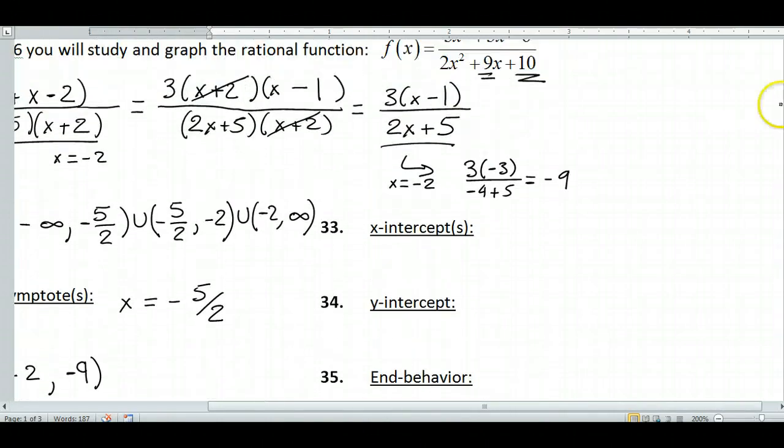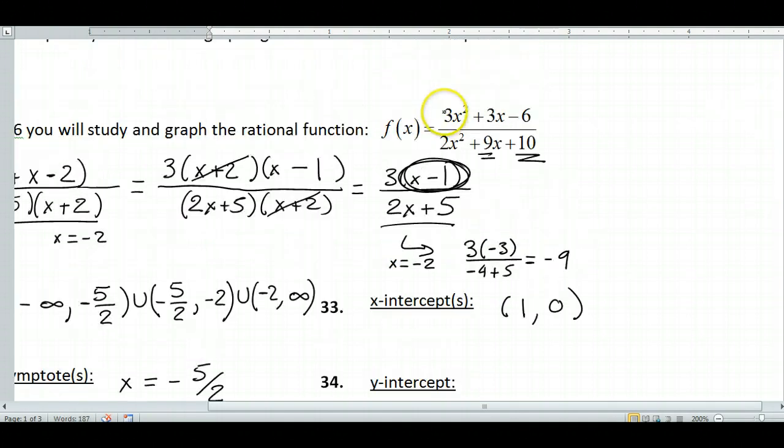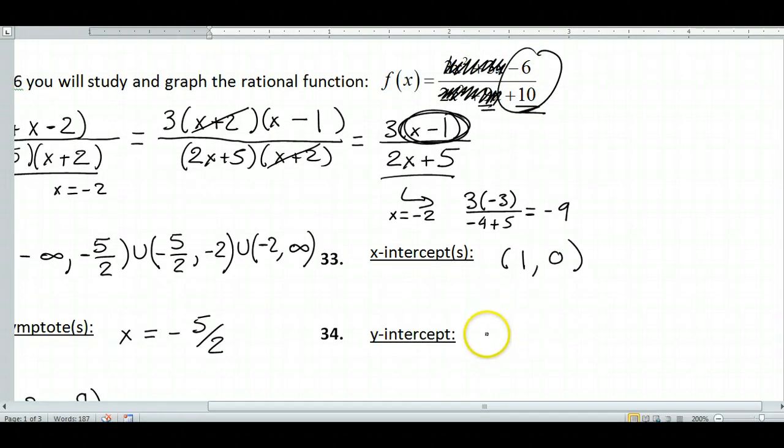X-intercept, well, that's easy. It's just this one right here, right? So it's 1, 0. Y-intercept: I'm reading this, and because x is 0, you just don't look at that, right? Because x equals 0, so that's going to be 0 plus 0, and so you're only left with this. Negative 6 over 10, so negative 3/5.